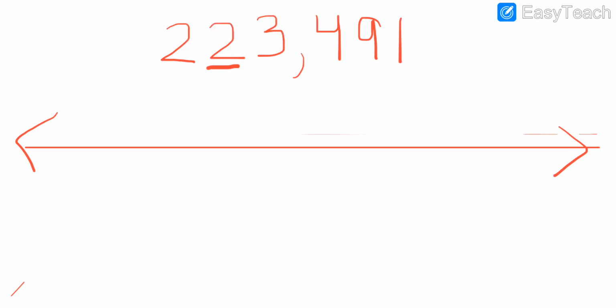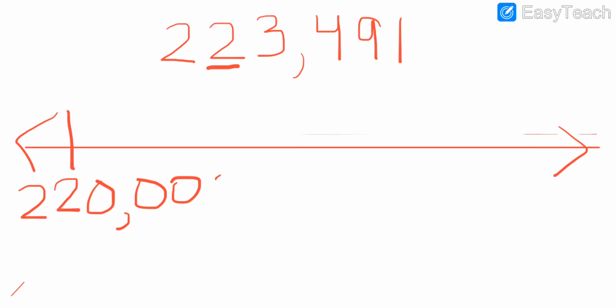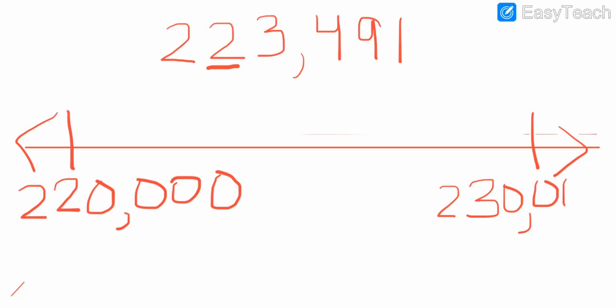On this side of my number line, I am going to write 220,000 because it could be closer to that. And on the far end, I'm going to go up to 230,000 because maybe 223,491 is closer to 230,000. It depends on where it falls within the number line.